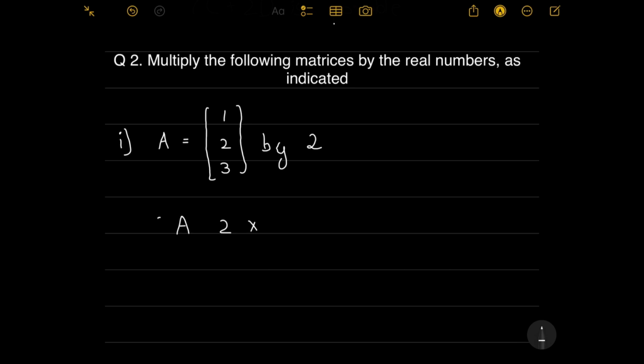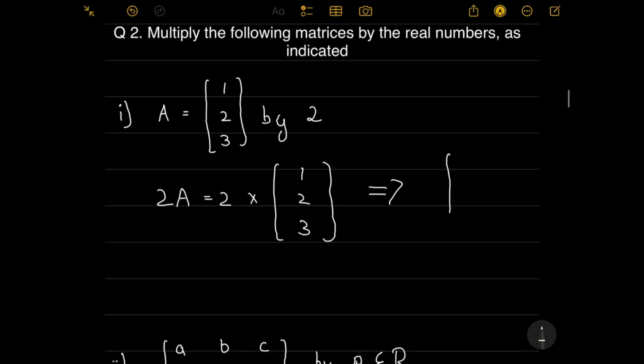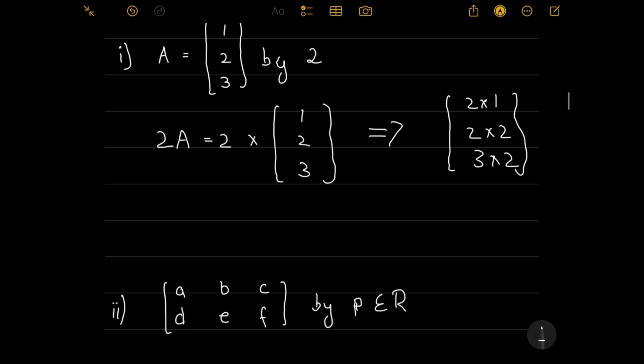So we write 2A equals 2 into the matrix 1, 2 and 3. So simply multiply this and we get 2 into 1, then 2 into 2, then 2 into 3.